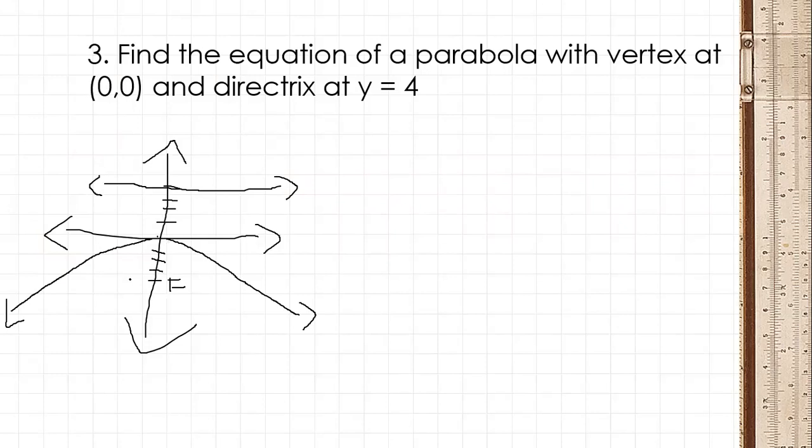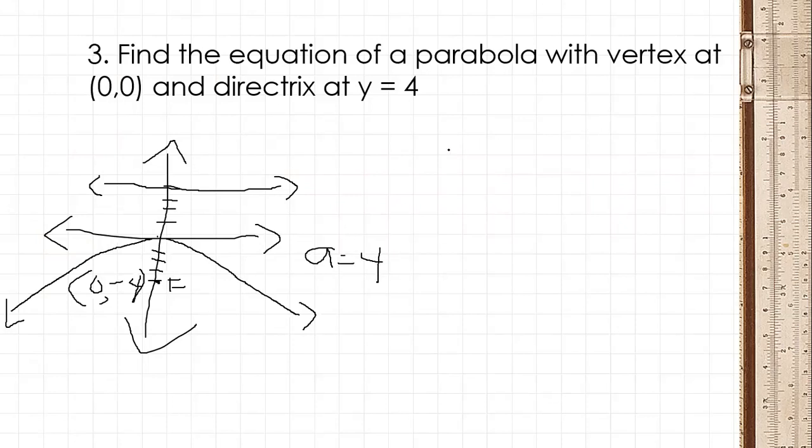So our focus is at 0, -4. Our line of directrix is y equals +4. Our vertex is at the origin, and our a is 4.